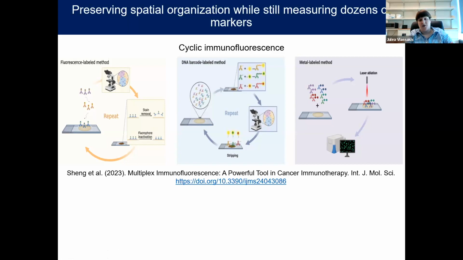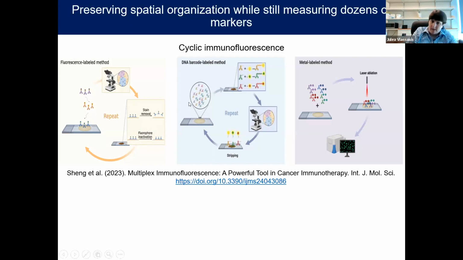So this is generally like a chemical quenching, sometimes with pH or specific other chemical reagents to inactivate the fluorophore, and then potentially introduce another round of antibodies.